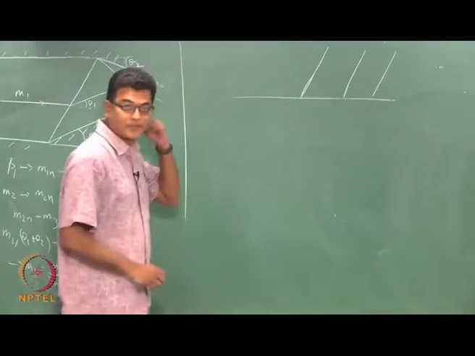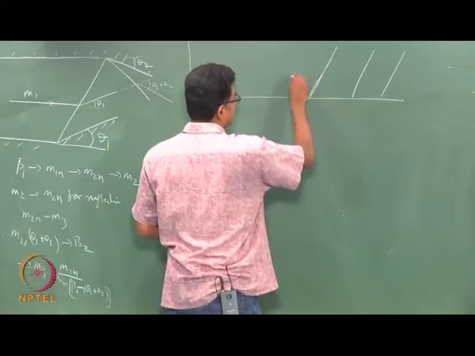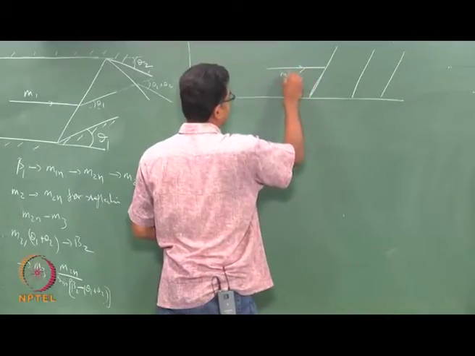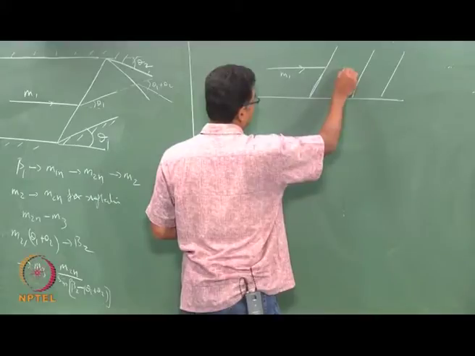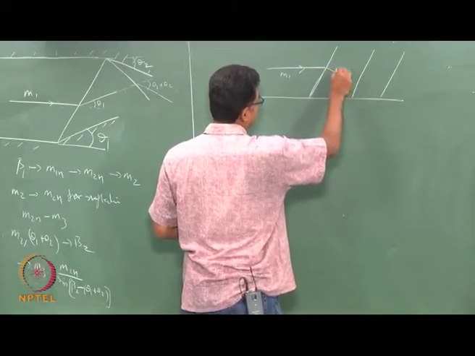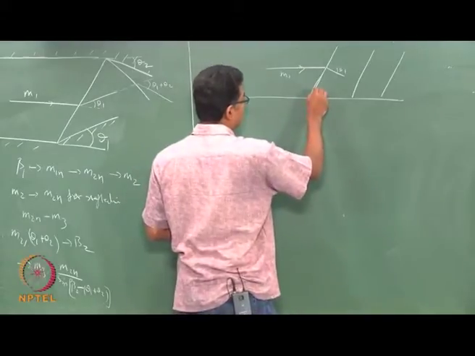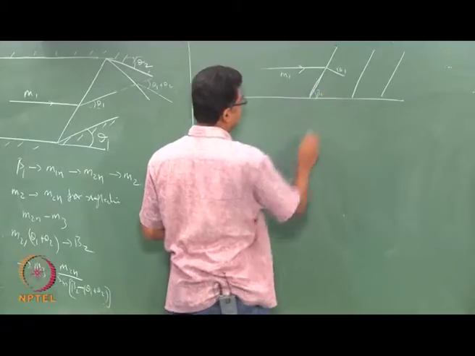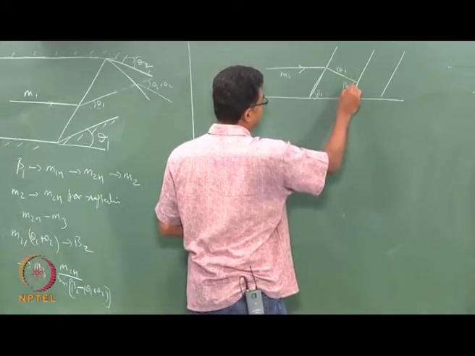Okay. So the angles of which are different. So I have M1 here. So it is turned by some angle theta 1. So the shock angle, this is beta 1, then this would be my beta 2.